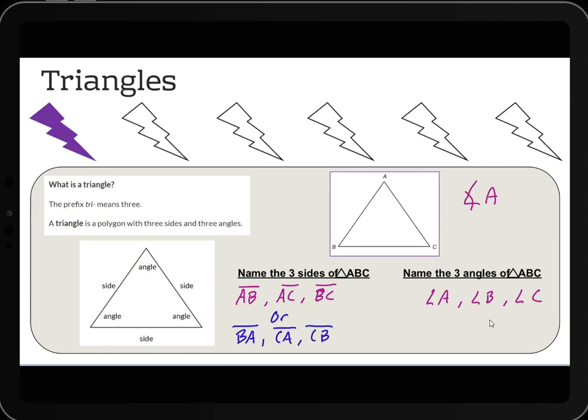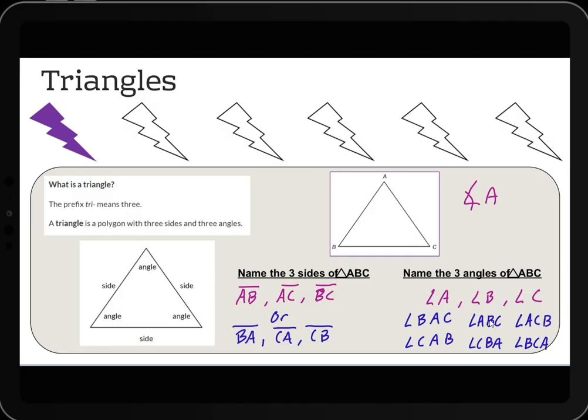And with angles, there are other ways to name them too. For example, I could have named it as angle BAC or angle CAB, or angle ABC or angle CBA, or I could do angle ACB or angle BCA.